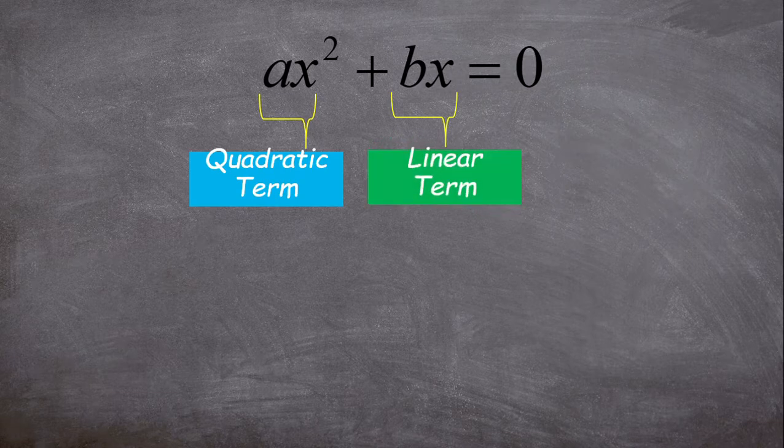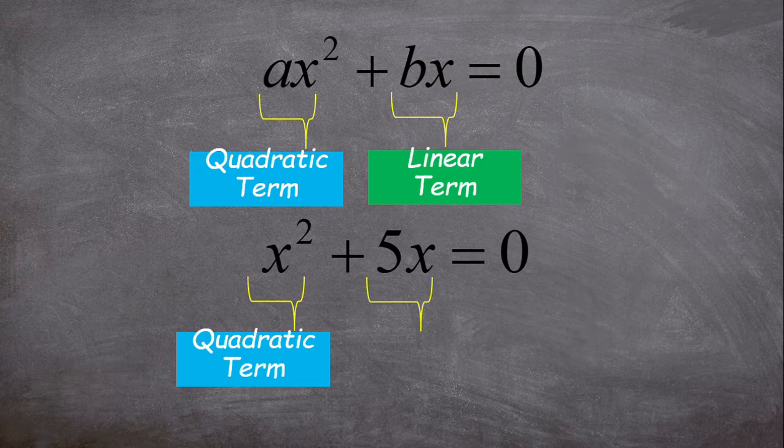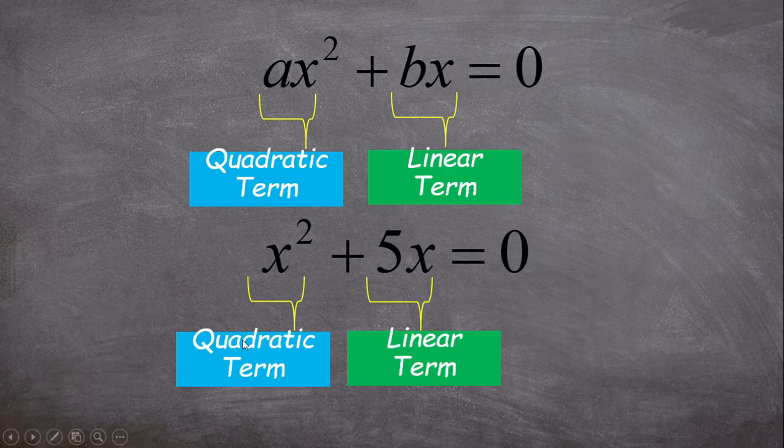Now, let's have an example and identify the terms here. For example, x squared plus 5x equals 0. So our quadratic term is obviously the x squared, while the linear term is the 5x. Now we can identify the value of a in the quadratic term and the value of b in the linear term.